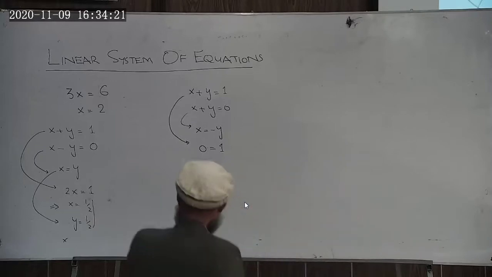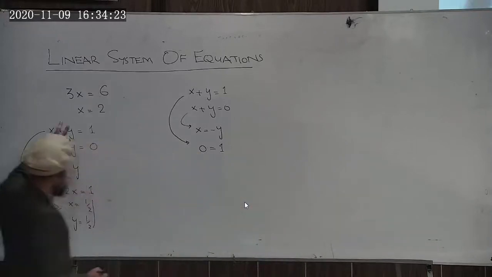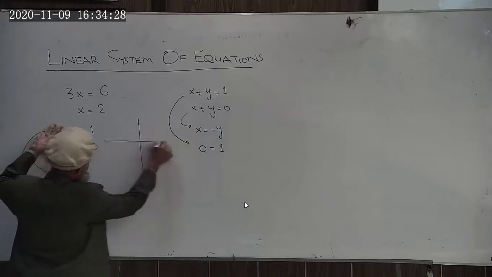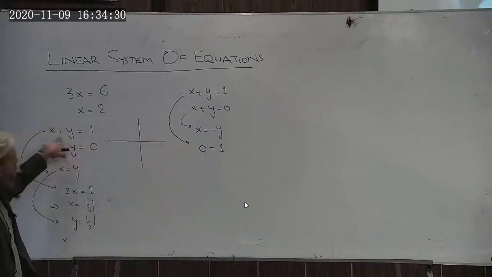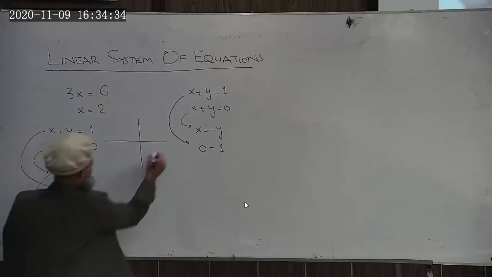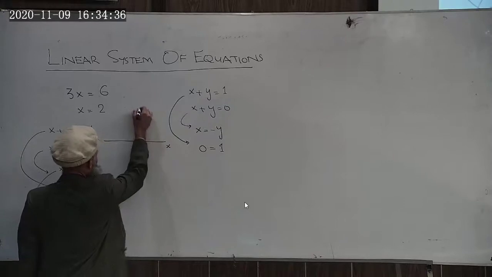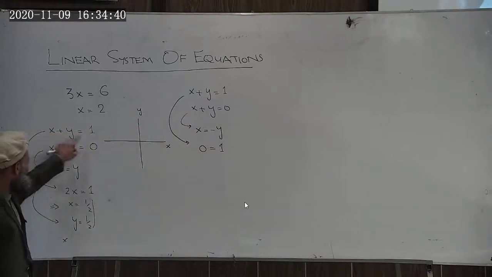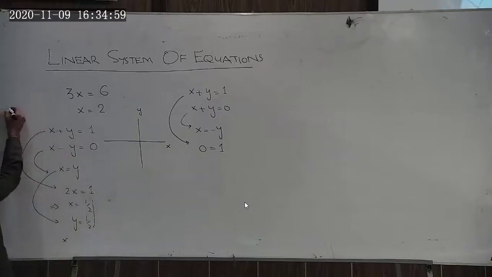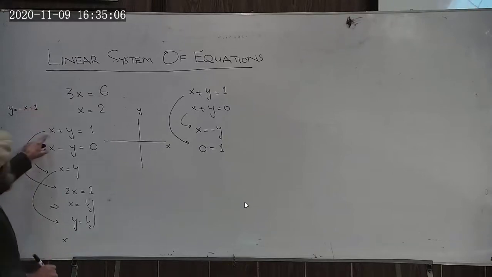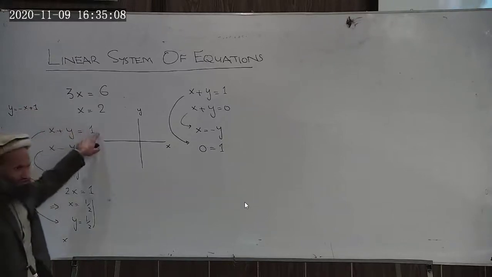We can explain it more easily graphically. If I plot this on a graph, the equation of a straight line, what is the graph of that line? If the horizontal axis is x and the vertical axis is y, then x plus y equal to 1, you are more convenient with this form, y is equal to minus x plus 1, that is, bring the x to the right hand side.